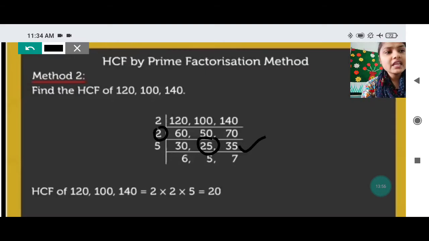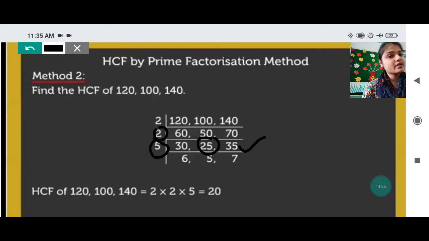Now, is there any common prime number with which 30, 25 and 35 are divisible? Yes, that is 5. 30, 25 and 35 are all divisible by 5. Dividing 30 by 5 gives 6, dividing 25 by 5 gives 5, and dividing 35 by 5 gives 7.